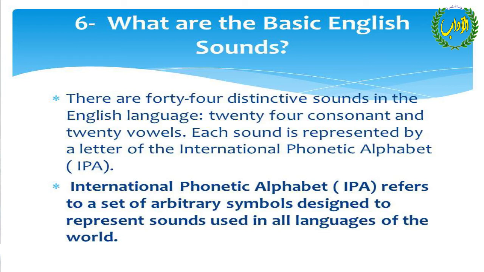Each sound is represented by a symbol of the International Phonetic Alphabet, IPA. What does International Phonetic Alphabet mean? It is a set of arbitrary symbols designed to represent sounds used in all languages of the world.